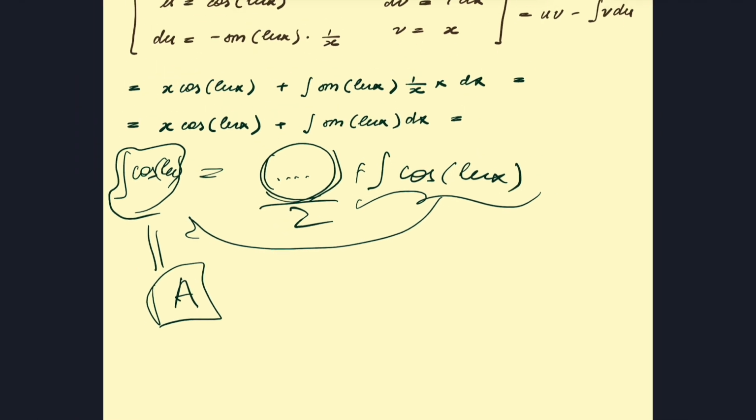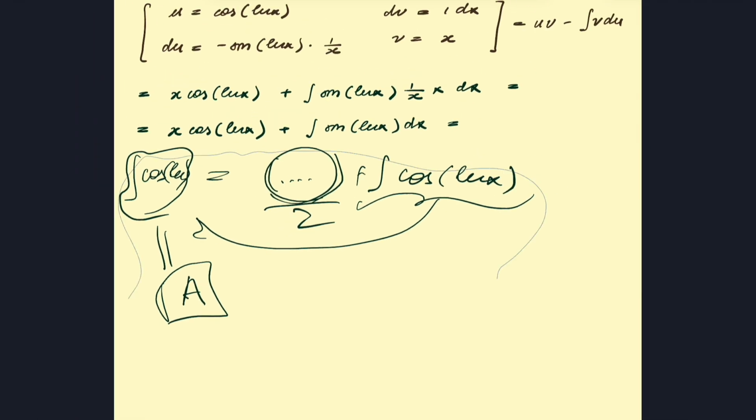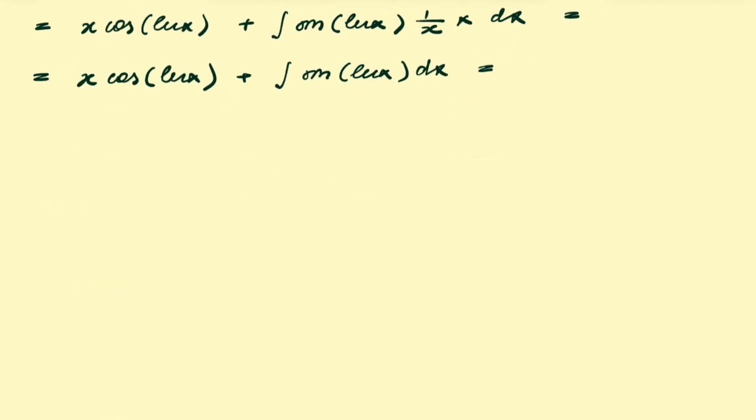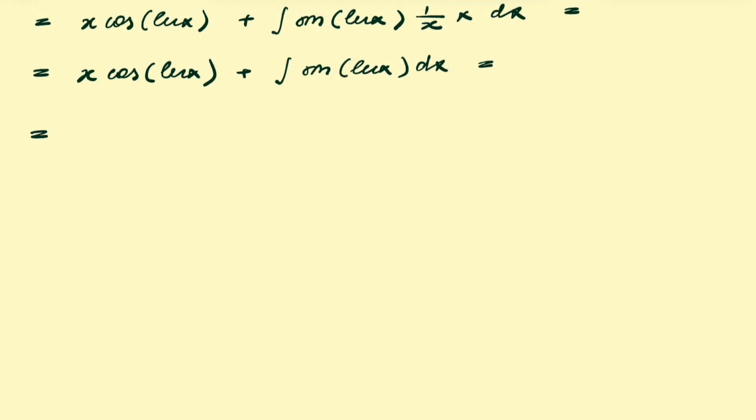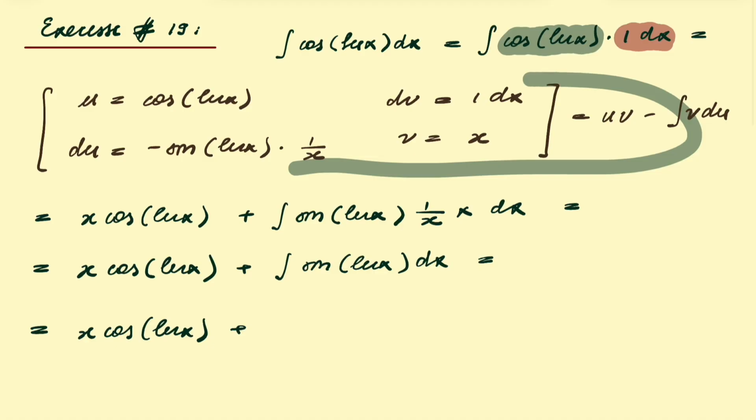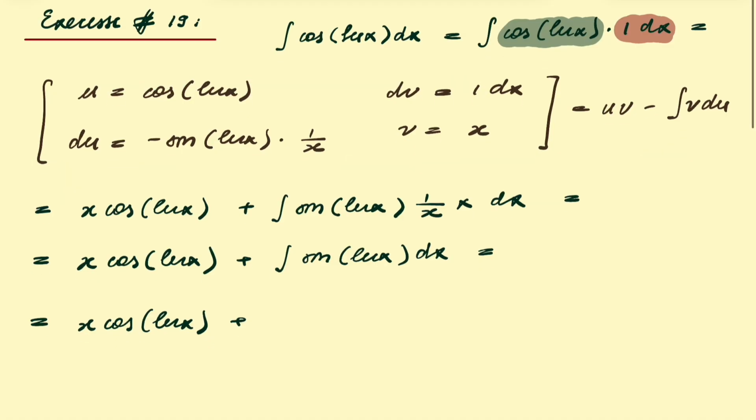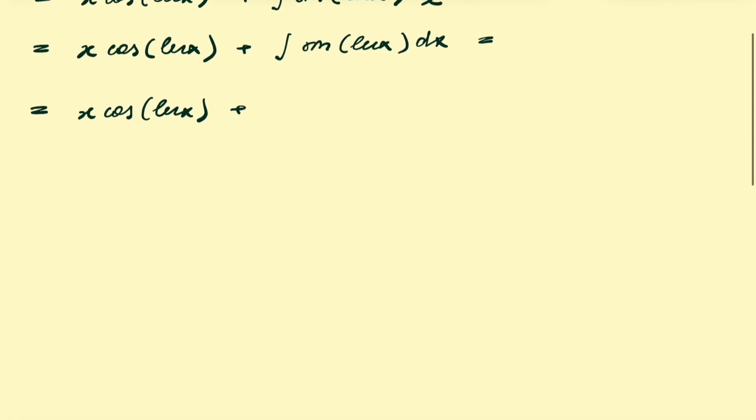Alright, keeping that in mind, we can just apply the same thing that we did before. We have x times cosine of ln of x plus, now as for the integral of sine of ln of x, we'll deal with integration by parts one more time. This time though, I want to skip the part with the notation du and dv, and write directly the result of this integral.